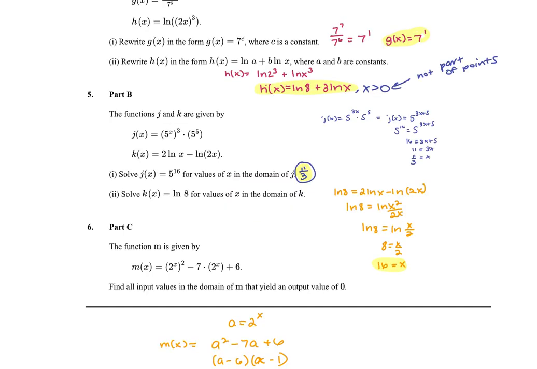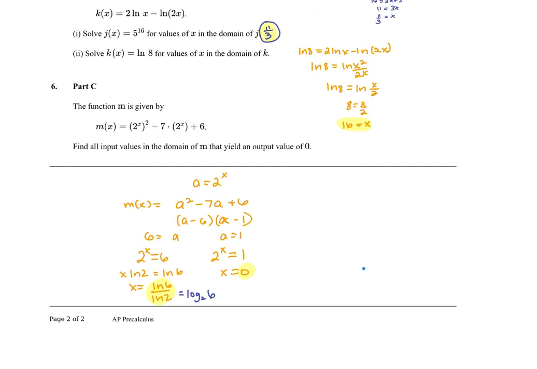Then part C on the bottom is where we had to do the substitution. I substituted in for 2 to the x and factored it. I got 2 to the x equals 6 and 2 to the x equals 1. You can either take ln of both sides or log base 2 of both sides, but then you can't go any further. So ln of 6 over ln of 2, or log base 2 of 6, are answers.